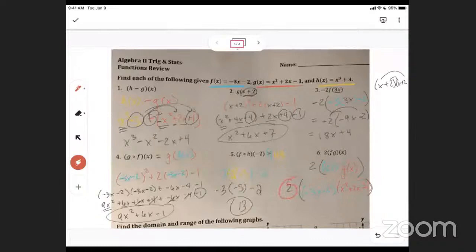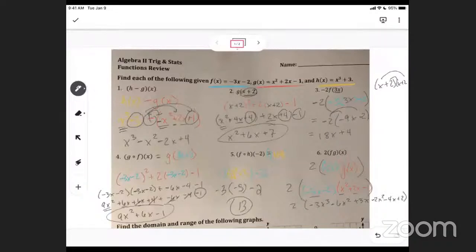And then you take the 2 and distribute it into all the rest when you're done. So negative times, this is going to be negative 3x cubed. Multiply that here now, that's negative 6x squared. Multiply it here now, that's positive 3x. Now I'm going to take the negative 2 in. Negative 2x squared minus 4x plus 2.